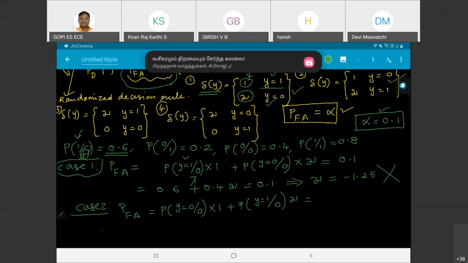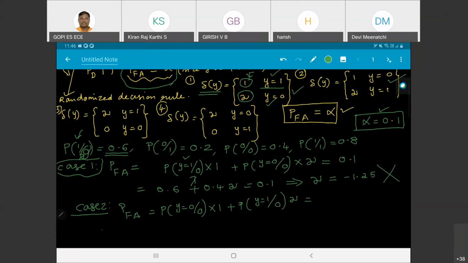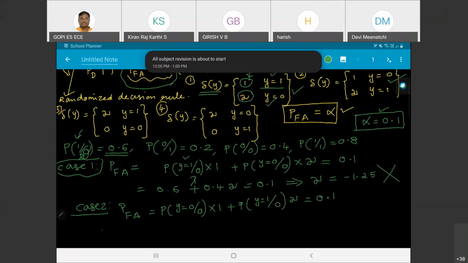So this is what we say is the probability of false alarm, 0.1. So what is the value of gamma now?